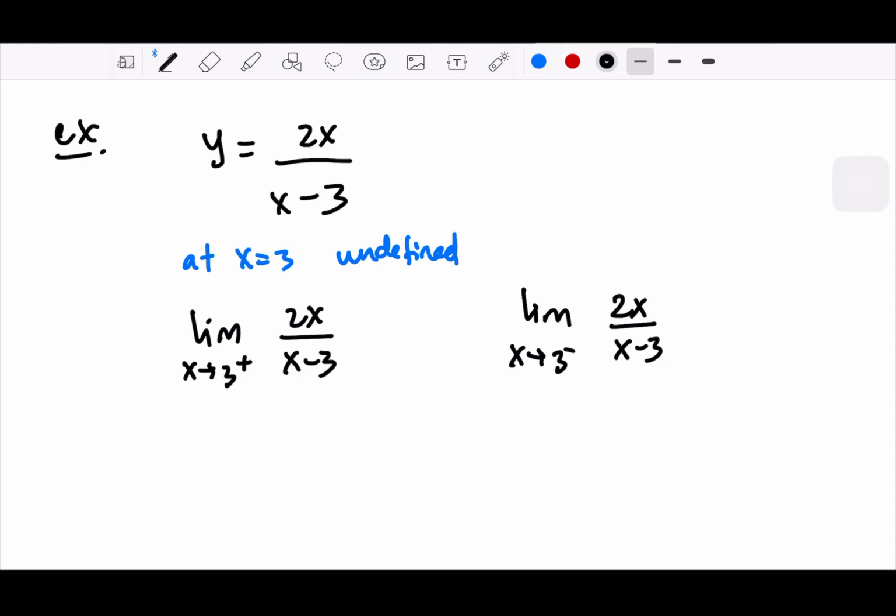So as it gets closer to 3, we will have positive infinity, and here will be negative infinity. So if we look at the limit itself as x approaches 3, because it has different conclusions from each side, the limit actually doesn't exist, but it still has the asymptote. Okay, still has this asymptote.